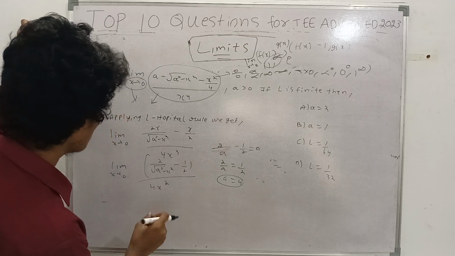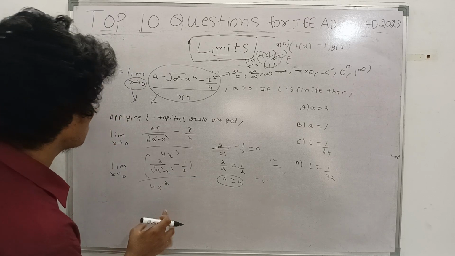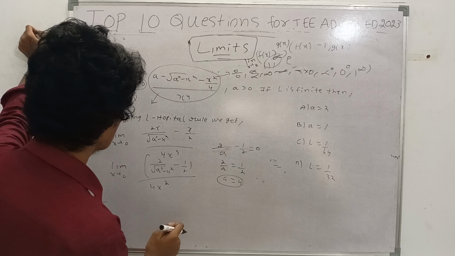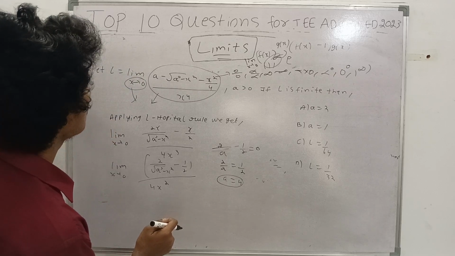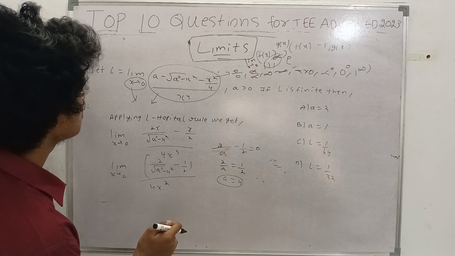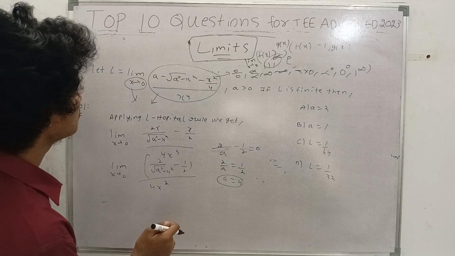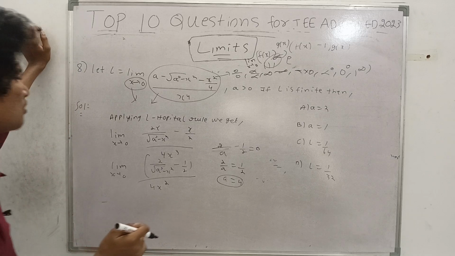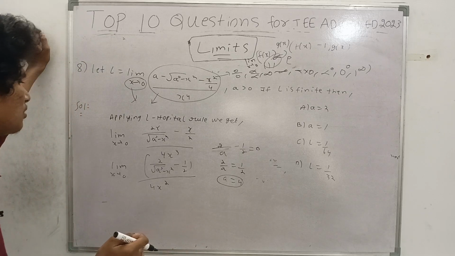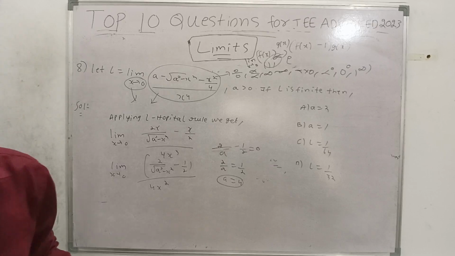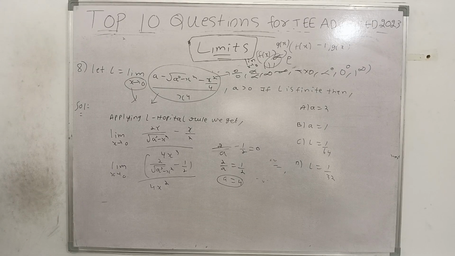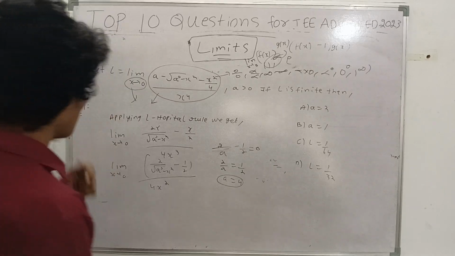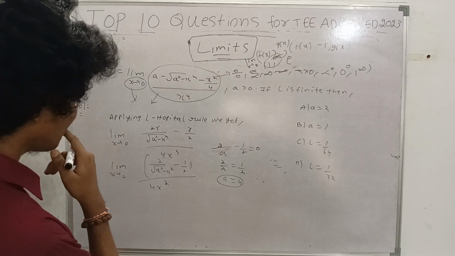Is equal to, okay. Yes, it is correct. A should be equal to 2, I think. Wait, I will check. Yes, a equals 2, but I am getting a equals 4. Where did I make the mistake?